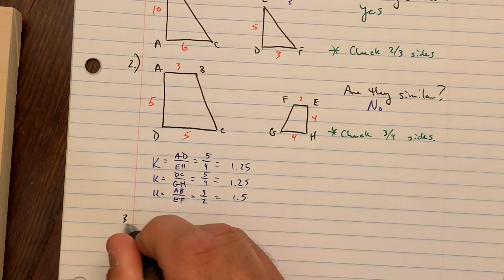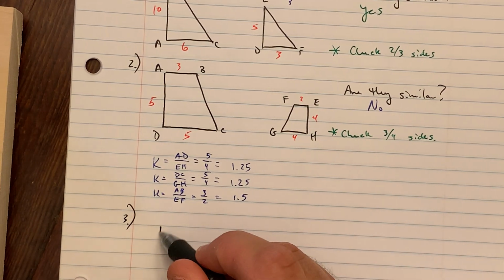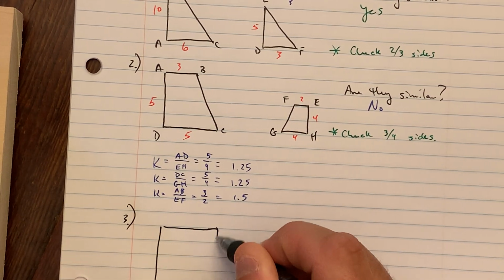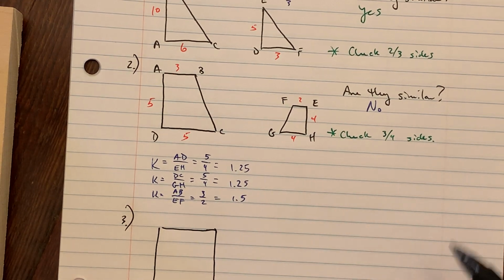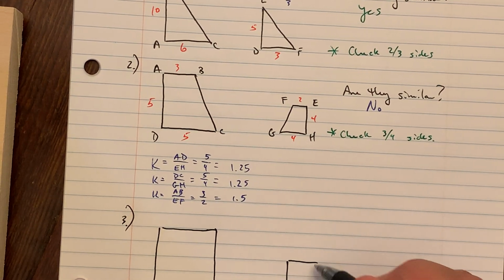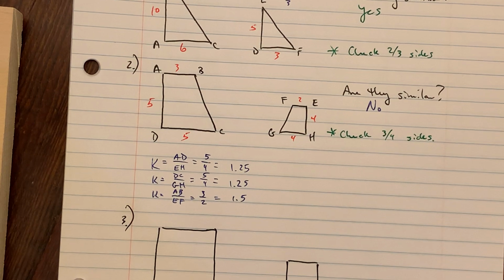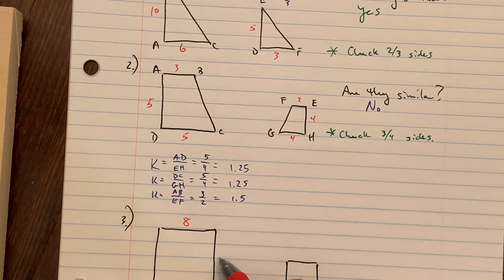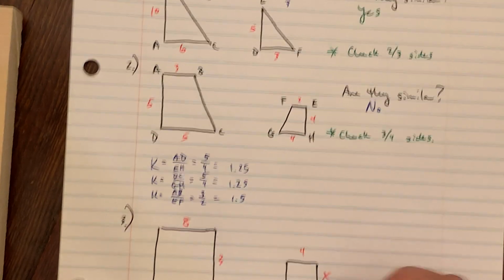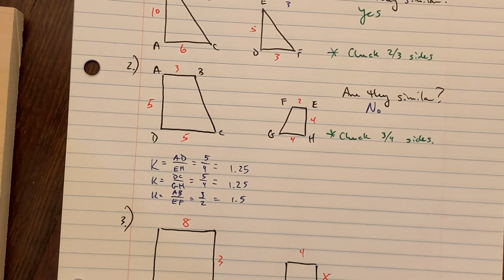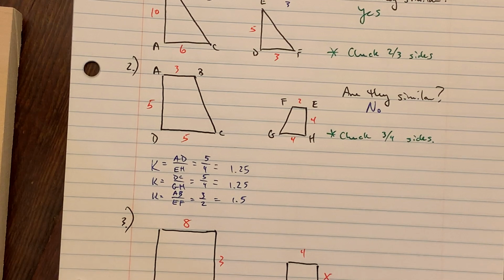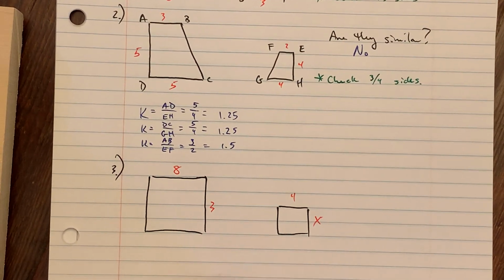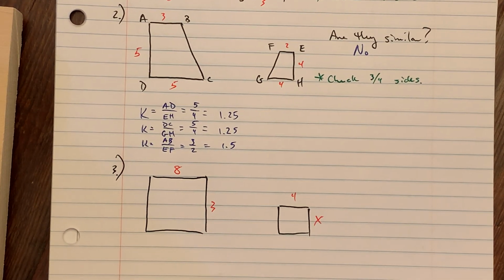Example 3. I'll give you this quadrilateral. Let's say this is 8, this is 3, this is 4, and this is x. Now these 2 are similar. I'm telling you they're similar. I want to figure out what x is.